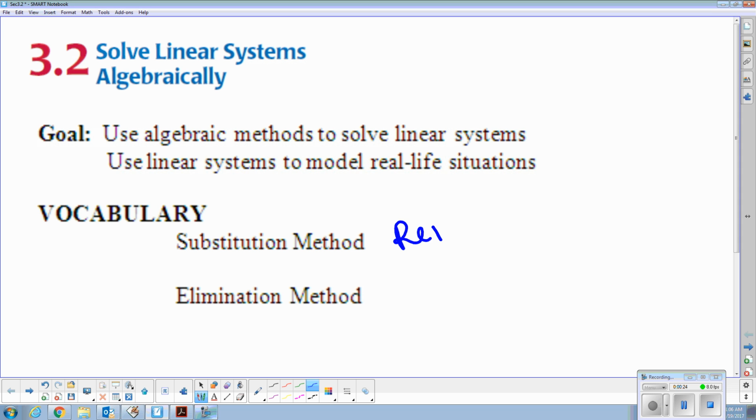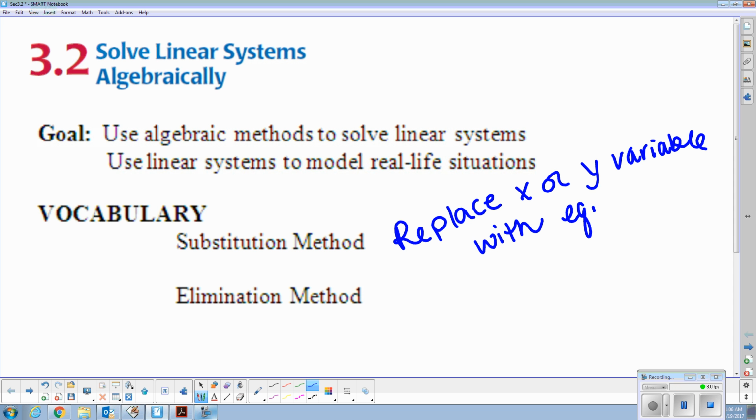So, replace the x or y variable with an equivalent expression. We don't have all of those spaces. Okay, well, we'll go over it.